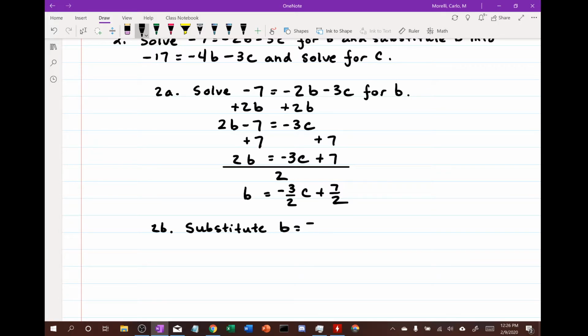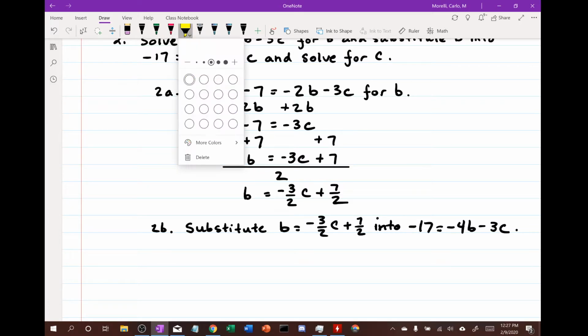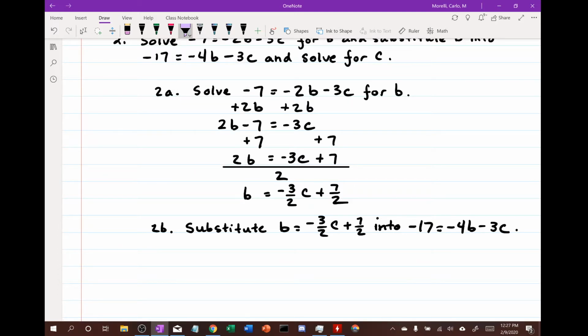And now, part 2b, I will substitute b equals -3 over 2c plus 7 over 2 into -17 equals -4b minus 3c. What that means is that I am going to stick this expression in here for b.